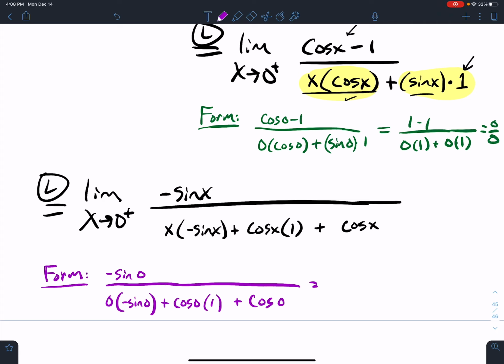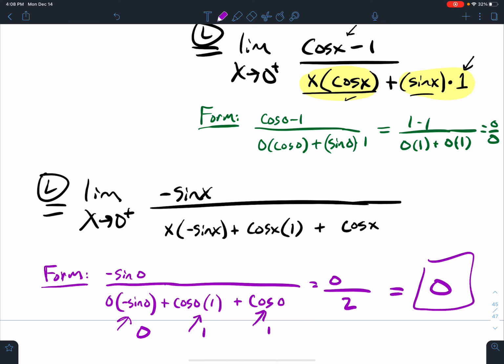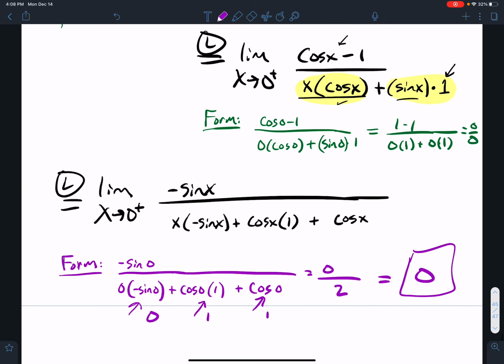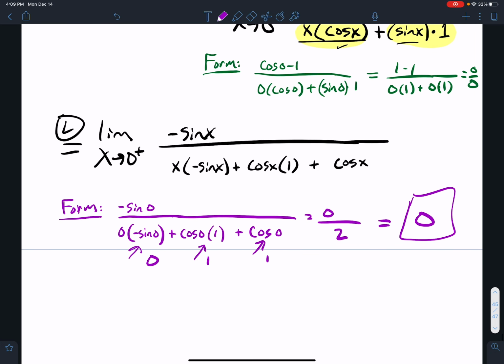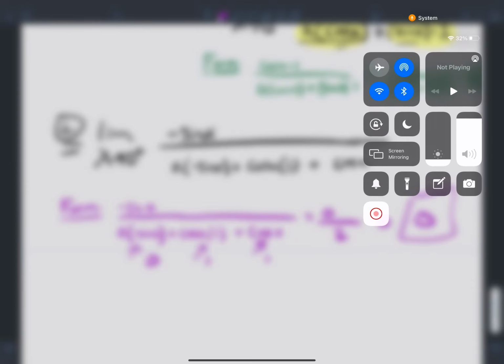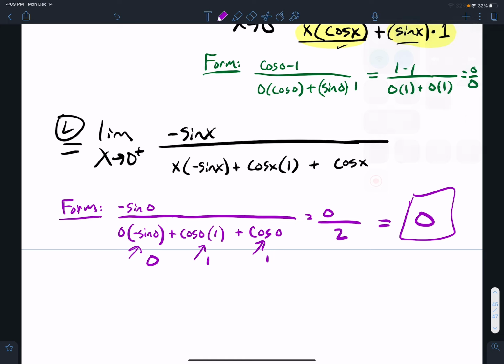Sine of 0 is 0, so in the denominator, this gets you 0, but this gets you 1, and this gets you 1. So that's 0 over 2, which is equal to 0. So holy smokes, we got an answer. My answer for this limit is 0. That one was kind of tough, but we were able to hang in there and handle it just fine.